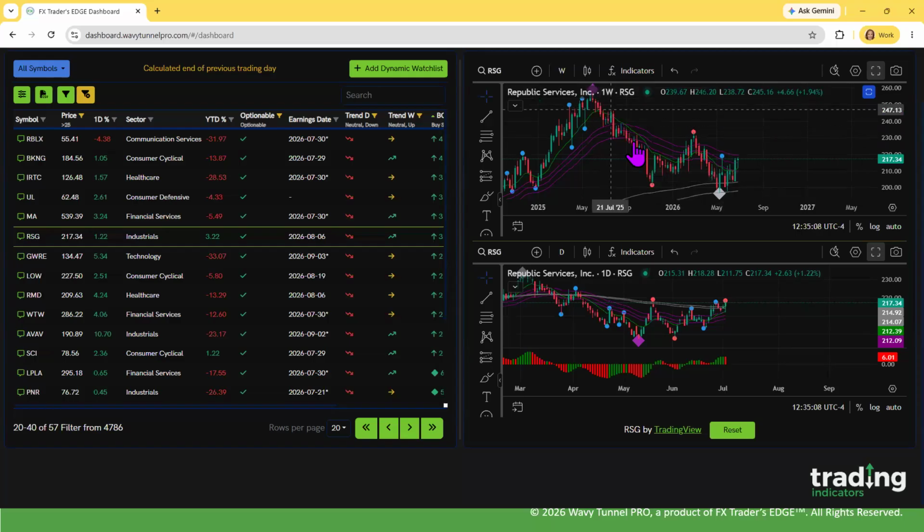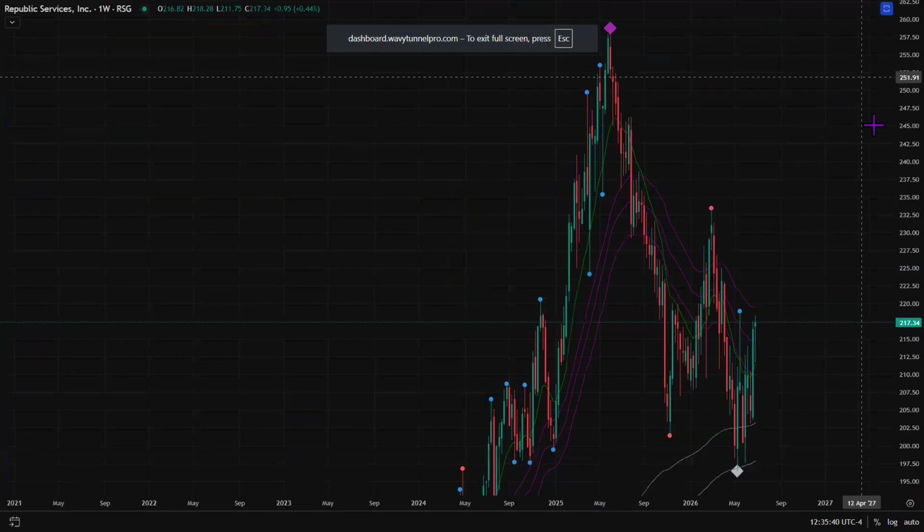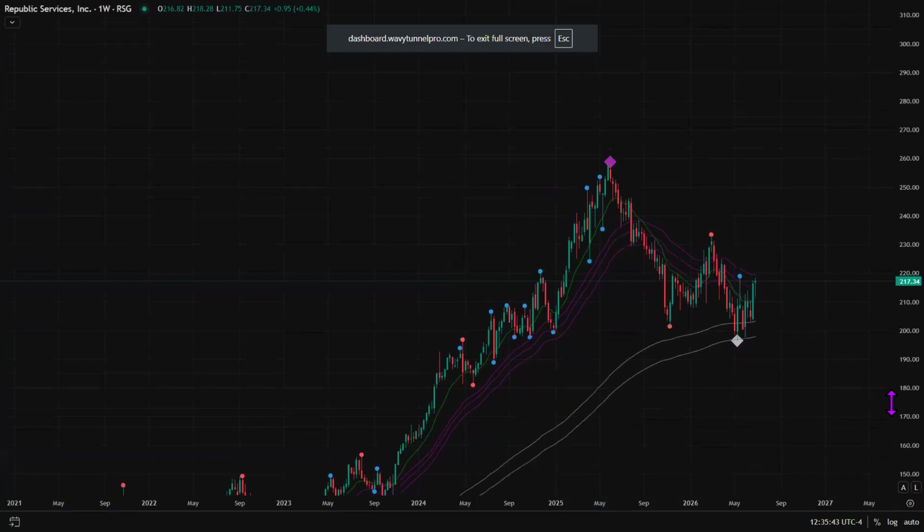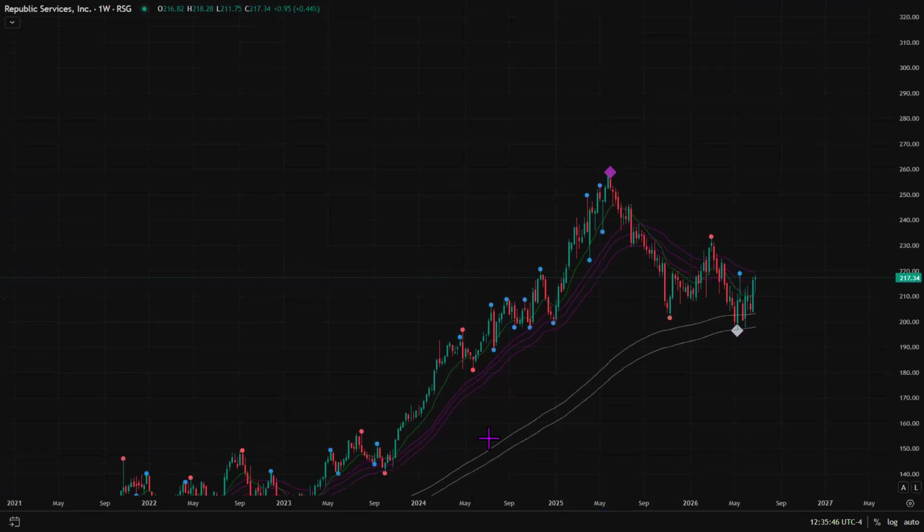Yeah, this doesn't look so bad. We had a nice three-wave move down, so it wasn't one straight impulsive move down. Let me look up the current price action. Yeah, 214. So it's down a little bit here. The other thing you can take note of on the weekly chart, since we're looking at the weekly setups, is the candlesticks.